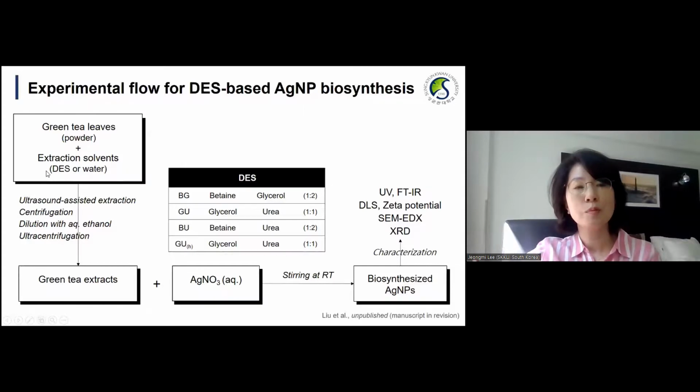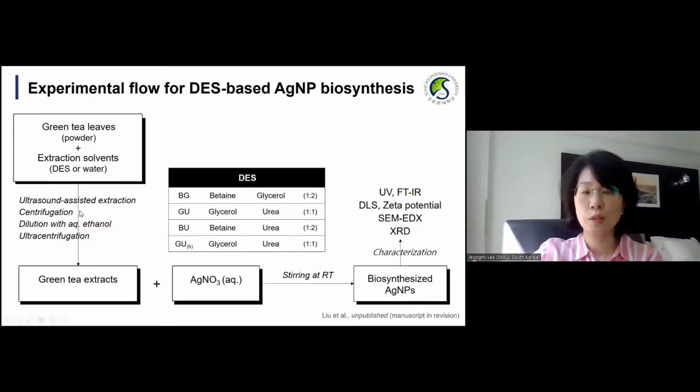Then we applied ultrasound-assisted extraction and centrifugation, followed by appropriate dilution of these extracts to produce green tea extracts, and then just simple mixing of green tea extracts with silver nitrate aqueous solution led to the biosynthesis of silver nanoparticles after a certain period of time.